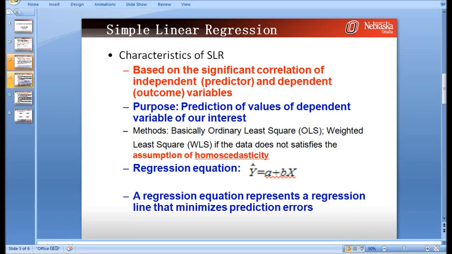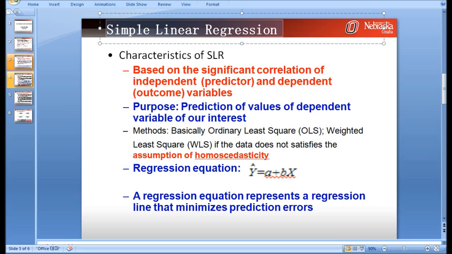Hi everyone, in this video we are gonna talk about simple linear regression. I know this topic may be somewhat difficult for you to figure out.